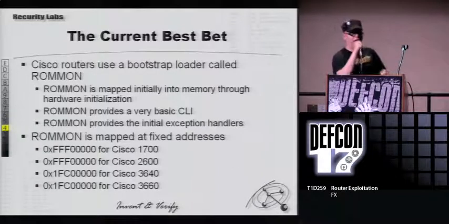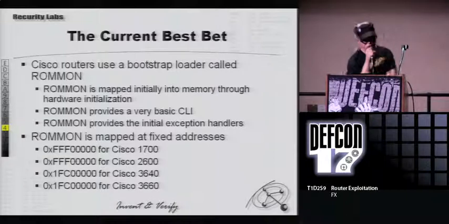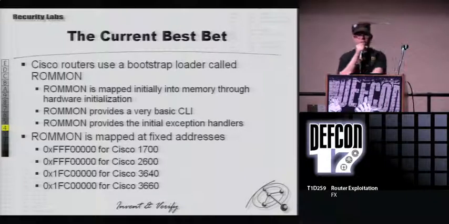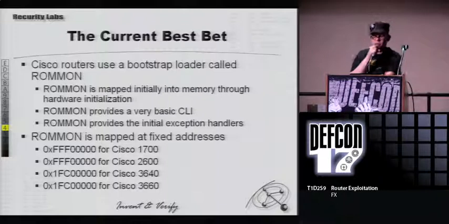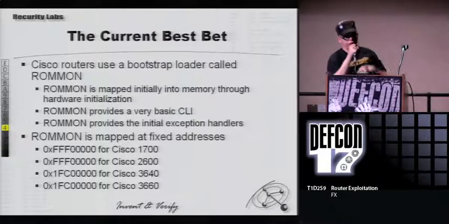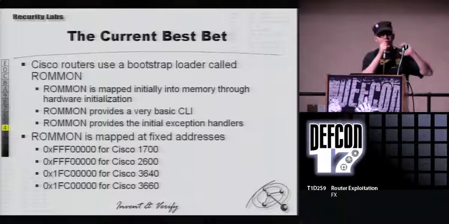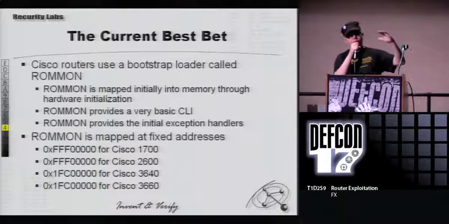But Cisco has something like a loader, something like a BIOS, called the boot ROM. And that's actually right now the very best option we have in terms of return addresses. ROM is mapped initially into memory to boot up the machine, and then stays there, mapped at fixed addresses.